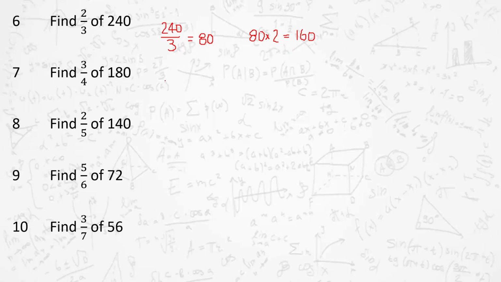Question 7. 3/4 of 180. Step 1. Find 1/4. So divide 180 into 4 parts. Each part is 45.